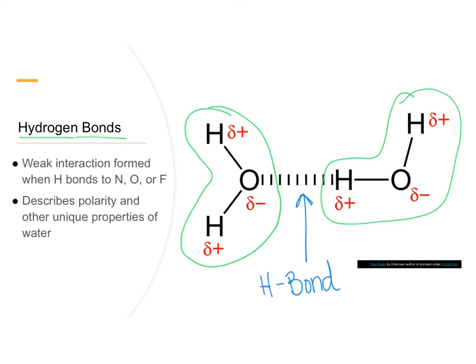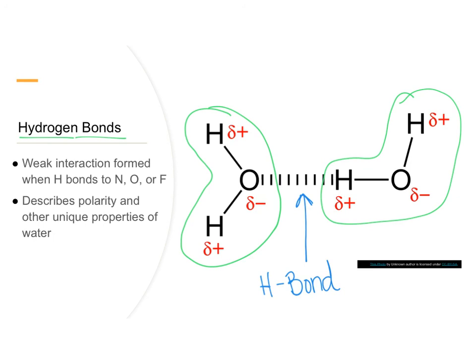So water forms hydrogen bonds with each molecule in a sample. So this is what causes water to have a lot of unique properties. And so think about some of the things we've talked about with water. Water does a really good job of attracting to itself.